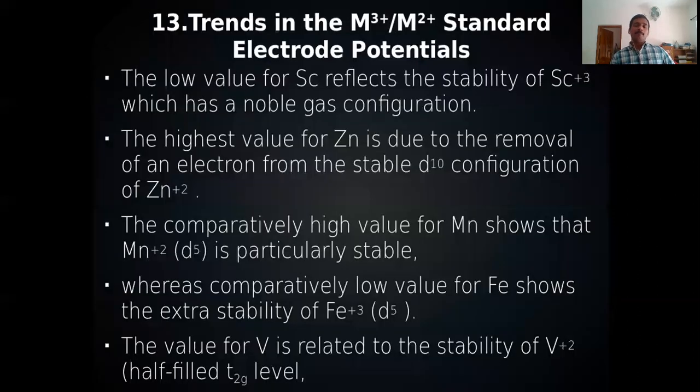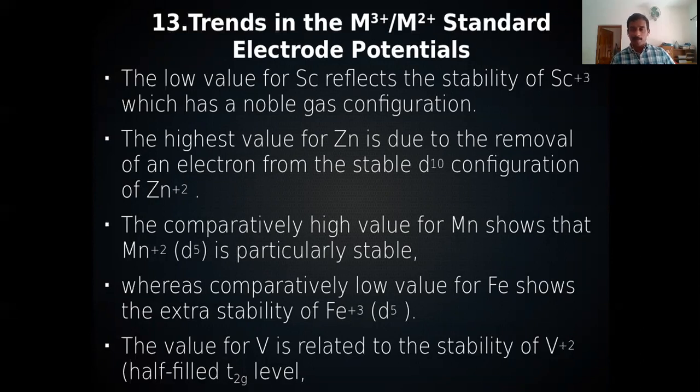Trends in the M3+/M2+ standard electrode potentials. You know, in some cases the M3+ state is more stable. But in the case of manganese, we already mentioned M3+ is less stable than M2+. In the case of iron, it is 3d6 4s2 configuration. When iron removes 3 electrons, it gets the stable D5 configuration.